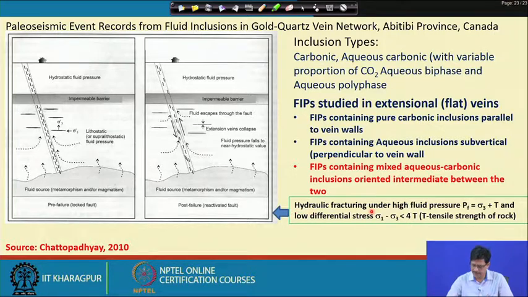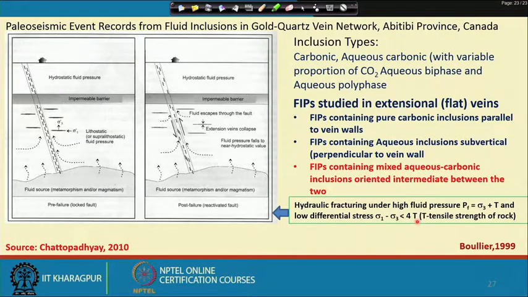So, here the hydraulic fracturing under high fluid pressure, this kind of situation takes place where the fluid pressure will be equal to sigma 3 plus the tensile strength of the rock, and the differential stress would be low, which would be less than 4 times the tensile strength of the rock.